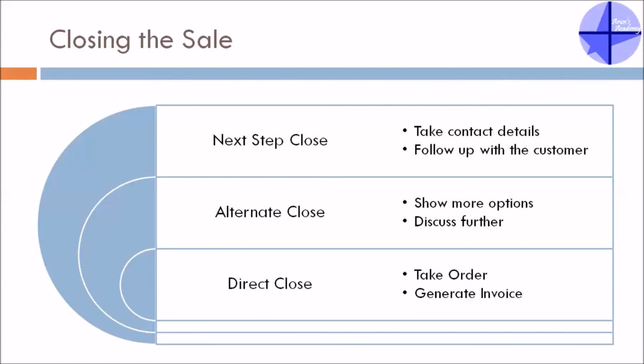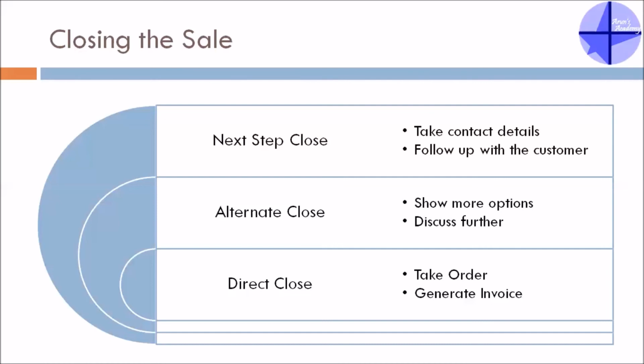So make sure you take the contact details of the customer for sure. Once you have the contact details, you can't just end it like that. You must ask the customer which is the right time to get back to them on the further steps. If a test ride or home test ride is the next stage, you can ask, sir, when is the right time to get the two-wheeler to your home for the test ride?